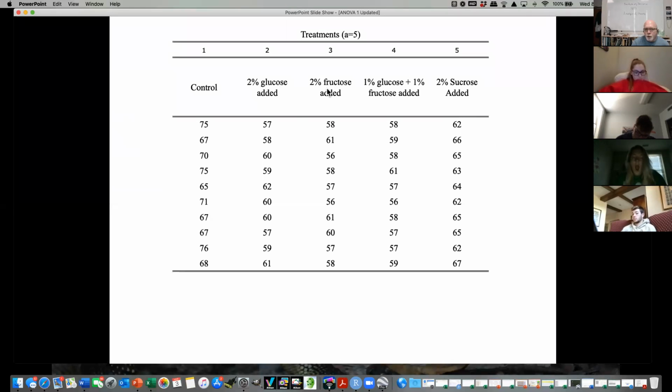A 2% glucose, a 2% fructose, a 1% glucose, 1% fructose, and a 2% sucrose. Now, you might ask yourself, well, why these treatments? Well, as it turns out, in chemistry, we have simple sugars and we can have compound sugars.